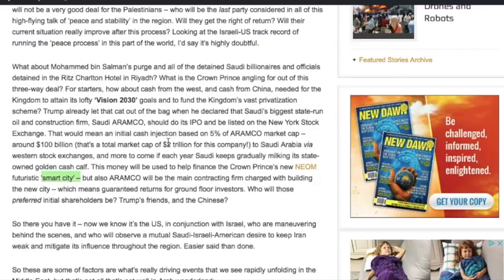We're not going to be needing that much oil in the future economy because you won't be driving cars. So the smart cities will be using all these sustainable forms of energy or whatever. And so Saudi Arabia, that was formerly the pioneer of oil, will now be the pioneer of the smart city.